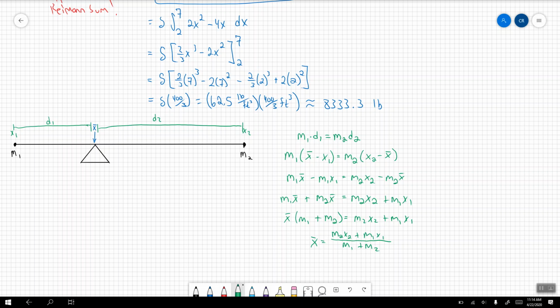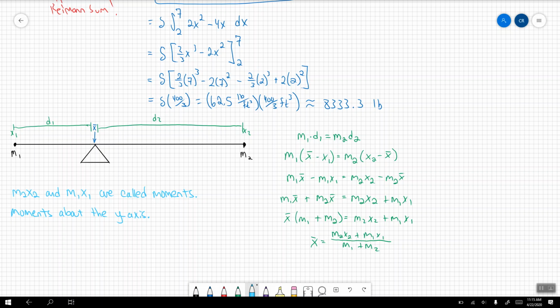Now, we have to be careful here. These specific items, M2, X2 and M1, X1 are called moments. More specifically, they are called moments about the y-axis.